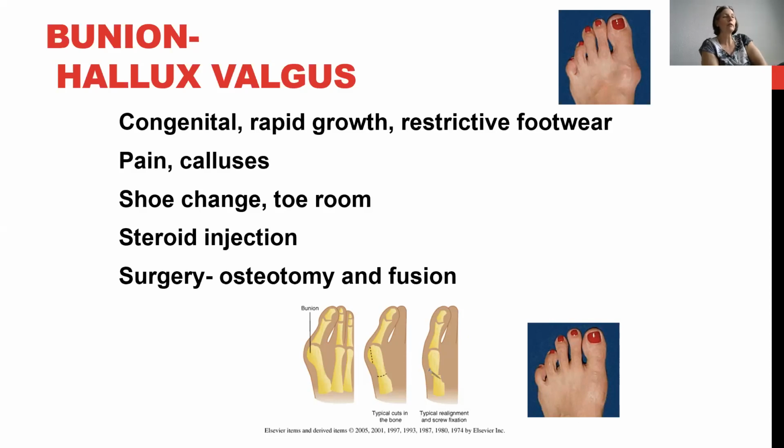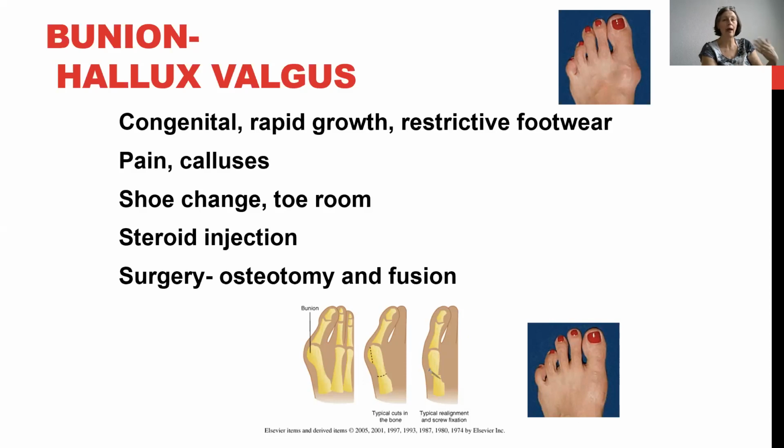So a bunion or a hallux valgus is a bunion on the interior side of the foot. Usually this comes from wearing really pointy-toed shoes or rapid foot growth, or it can be a congenital bunion.